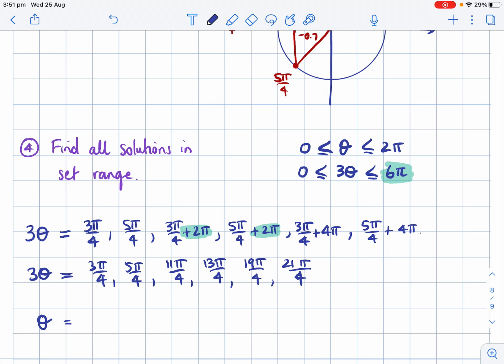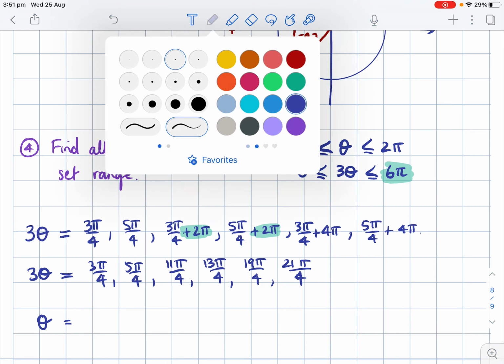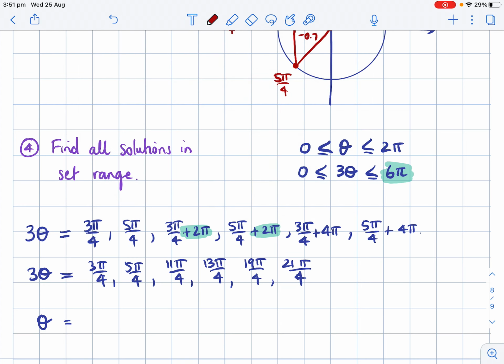Finally, I don't want to know what 3 theta is. I want to know what theta is. My easiest way to get rid of the 3, because we're working with fractions, is not to divide by 3, but to multiply by 1/3. Fractions are easy if you know what you're doing. Multiplying by 1/3 is simpler because the top line stays the same and the bottom line gets multiplied by 3.